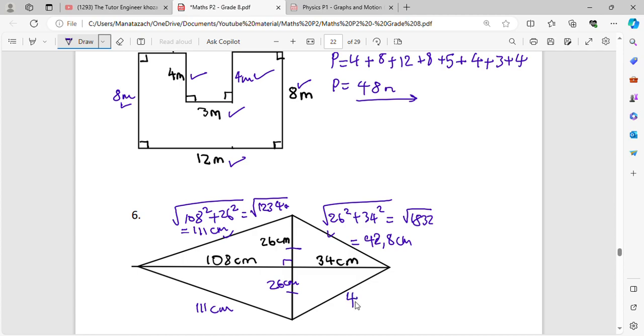This one will also be 42.8 centimeters. So the perimeter here is going to be the sum of all the sides, 111 times 2 plus 42.8 times 2. So the perimeter will be 307.6 centimeters.